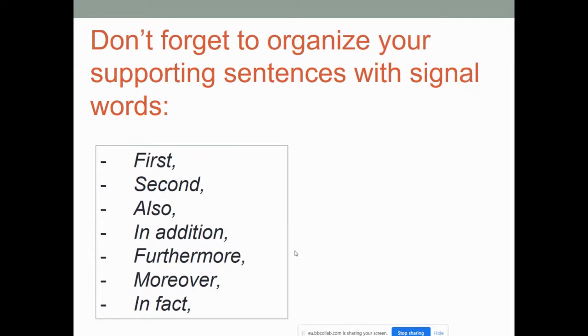Third supporting sentence, you can use the word also, in addition, furthermore, moreover, in fact. All these signal words are very important for a good writing and a good paragraph. So don't forget to write first, second, all these signal words. It has some marks as well when you submit your assignment. If you have a question, you can ask me now.